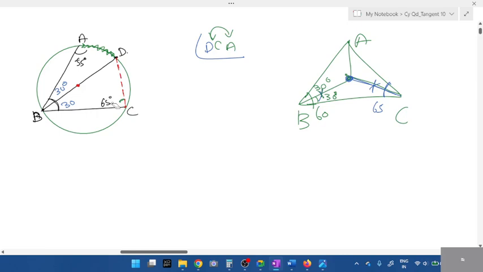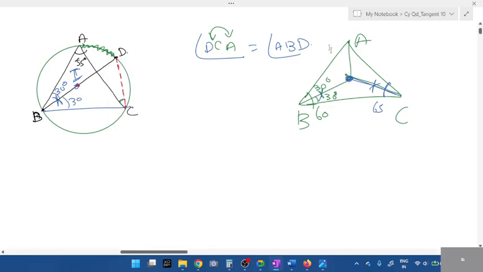Can you see this angle formed on the same segment? DCA is equal to DBA or ABD. So both are 30 degrees. So this is the in center concept. Make a note: in center will split angles into two parts. So 60 degrees is given, 30 and 30.